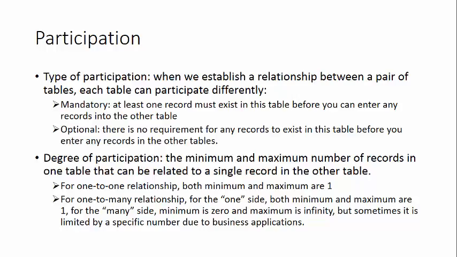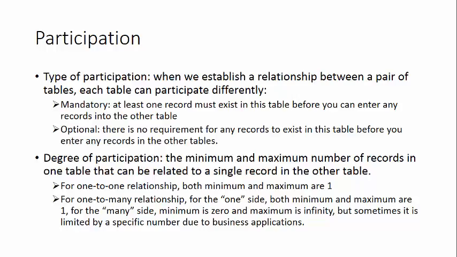You cannot assign an employee to a department number that is not part of the department table. So the department is mandatory. Optional means there's no requirement for any record to exist in this table before you enter any record in the other table. So for example, the employee table can be optional and the department table is mandatory.